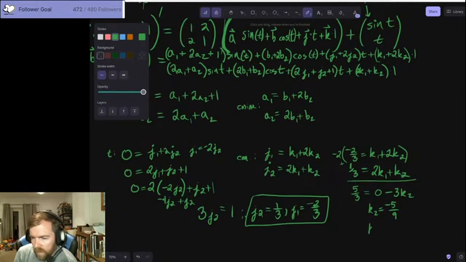And K1 is going to be equal to negative 2K2, so that's going to be 10/9 minus 2/3, which is 6/9.